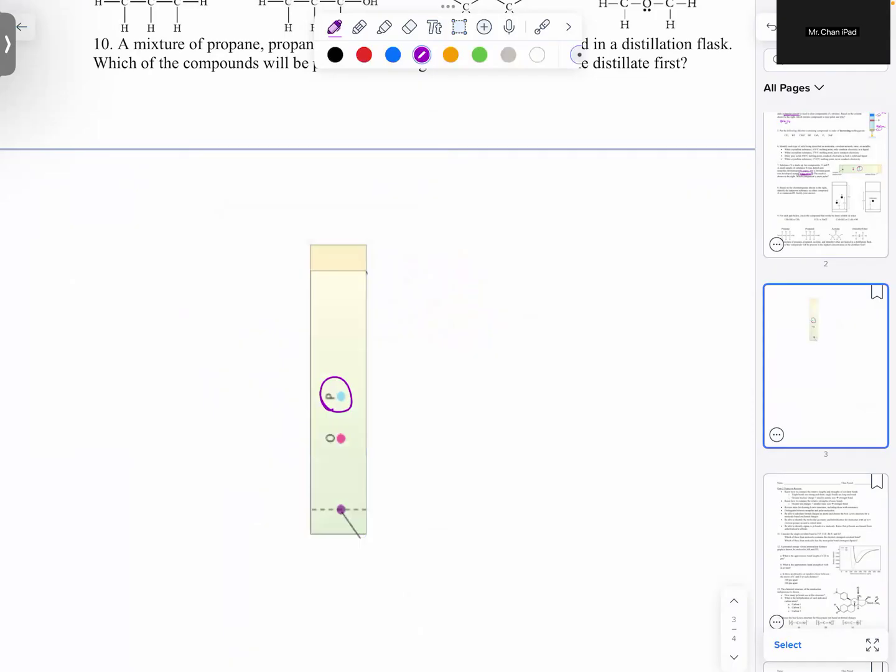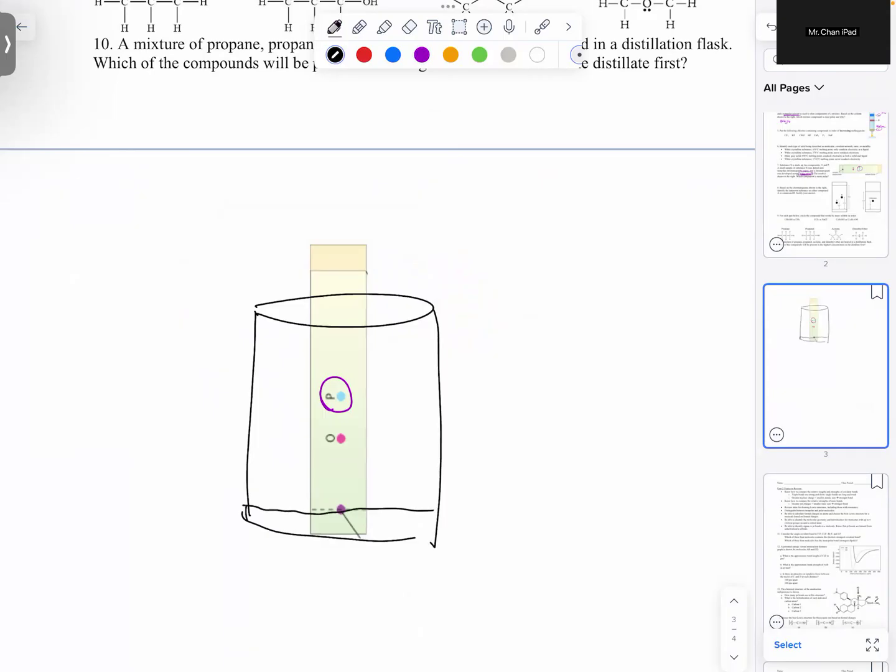And then you put this inside a little beaker. You put it in a little bit lower, you don't want to touch the dot. So what we're saying here is that the solvent is polar, and the solvent will go up against gravity up the paper.